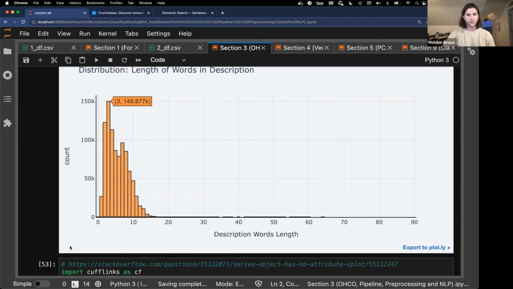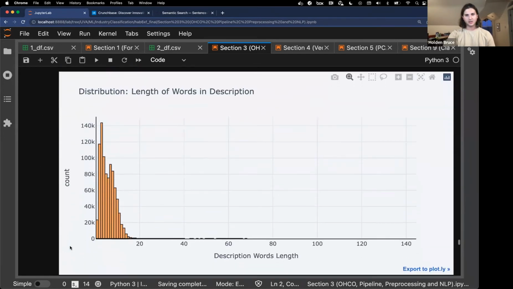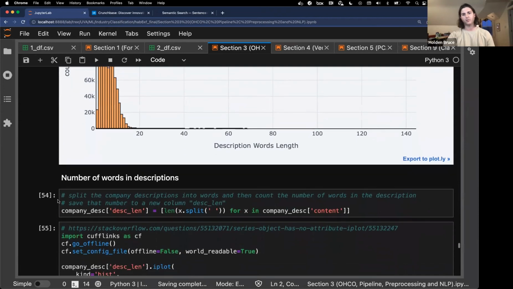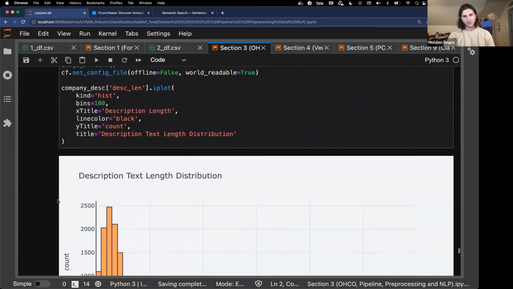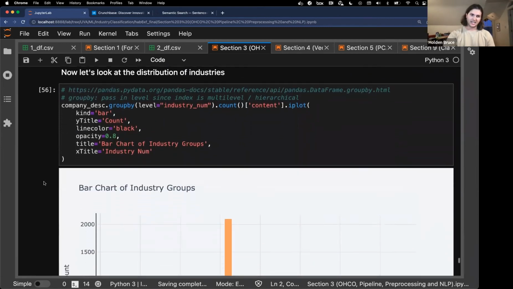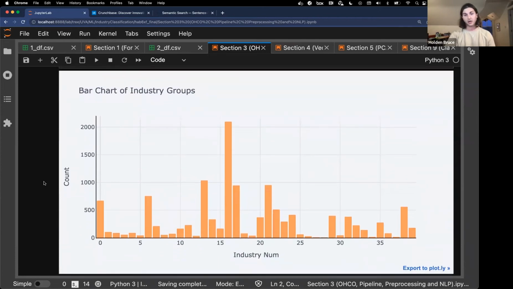So here I'm looking at how long the words are from a different perspective, looking at individual descriptions. Then I look at it grouping by industry, and then I look at the entire length of descriptions, and then splitting up by industry number. I'll pause here because this one's particularly interesting.